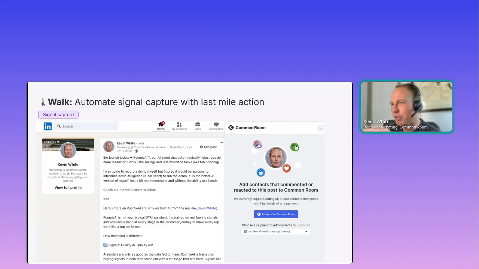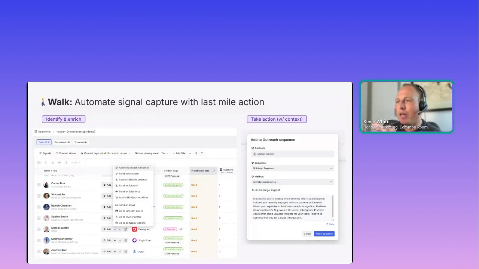And then the other piece is identify and enrich. With Common Room, we have this thing called Person 360 where you can understand the person and the account and do waterfall enrichment and identity resolution across any of these people. You can start to add filters on the people you identify and enrich.